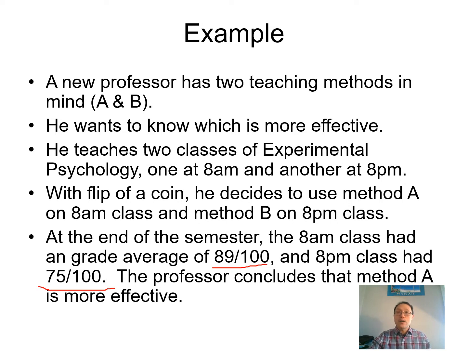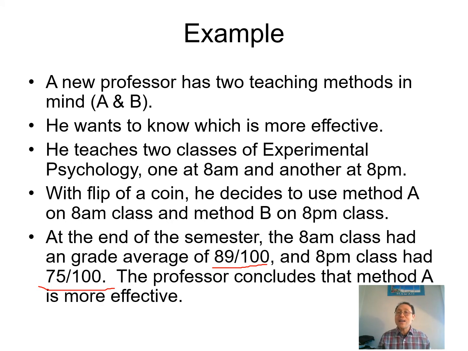So therefore, this is not a very good idea, to test intact groups, because you can make the argument that these are two different calibers of students, and these are two different types of students, and even if they are the same caliber and the same type of student, their alertness level is not even the same, because at 8 a.m. you're wide awake, as opposed to 8 p.m., when all you want is to go home and kick back and rest.